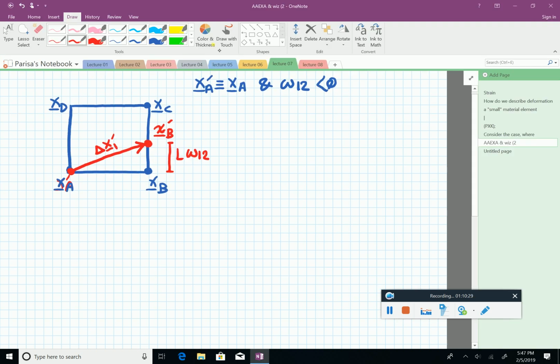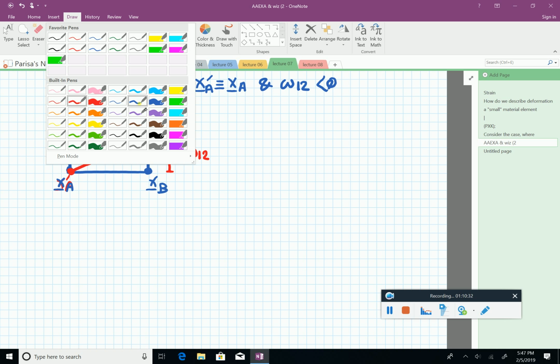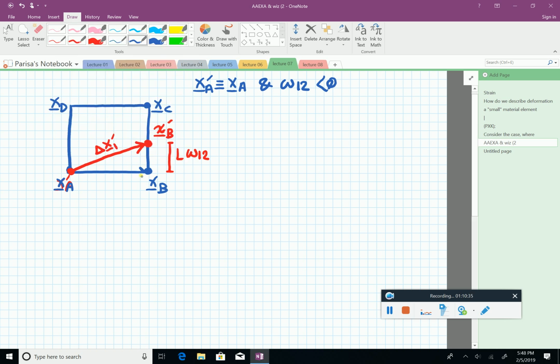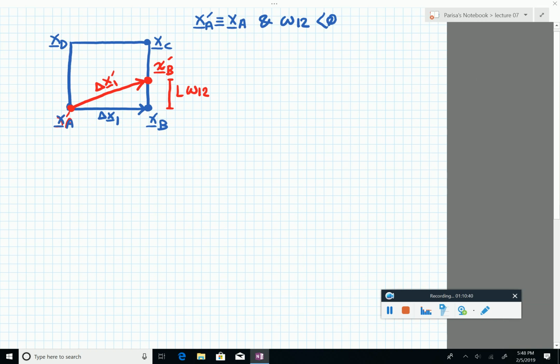This is delta x1. How does it look like?